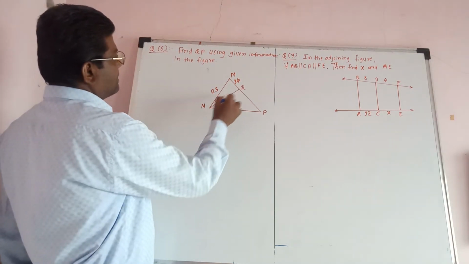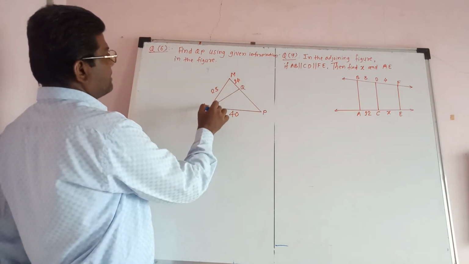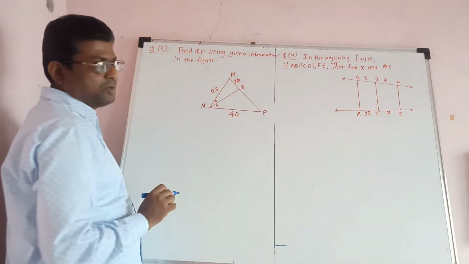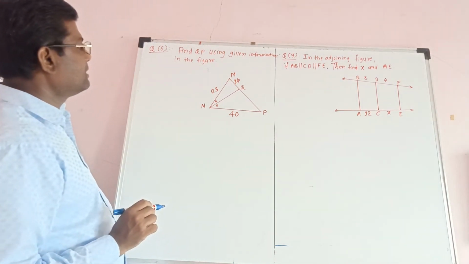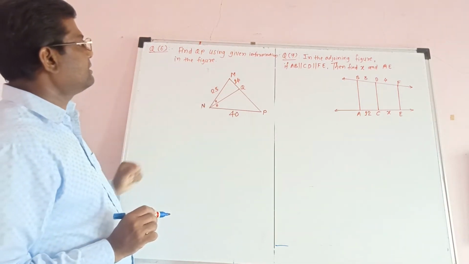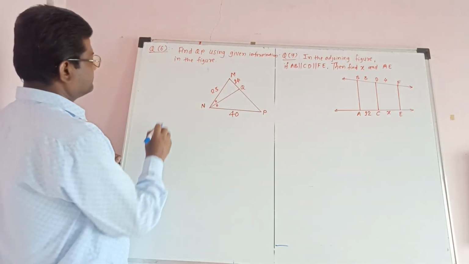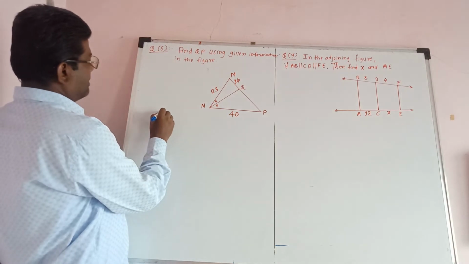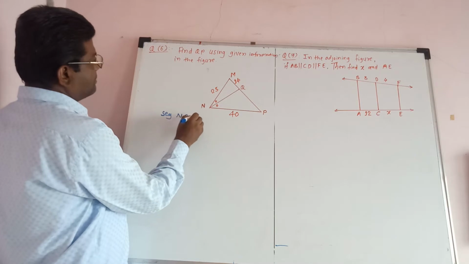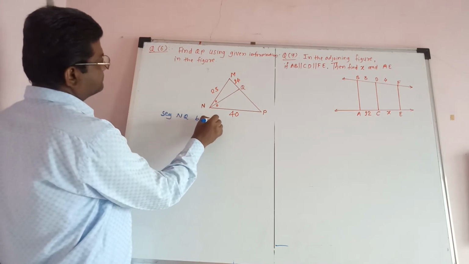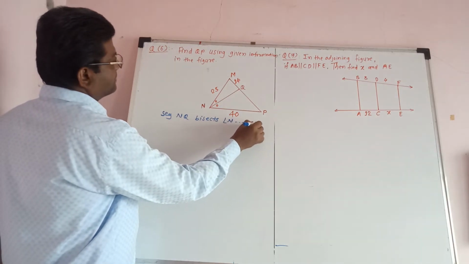As segment NQ bisects angle MNP, we use here angle bisector property to find the length of QP. So we write segment NQ bisects angle N. This is given.